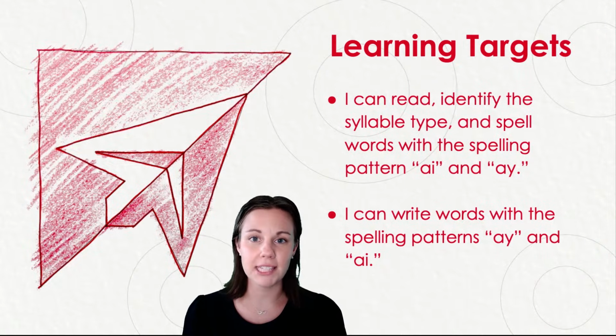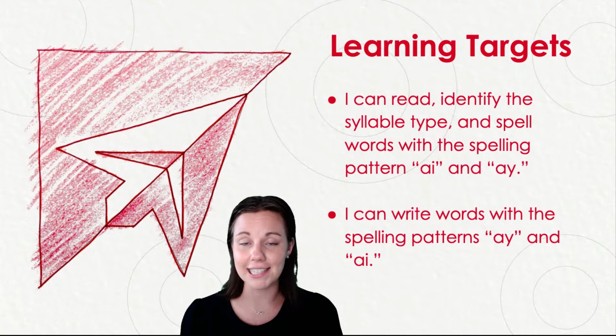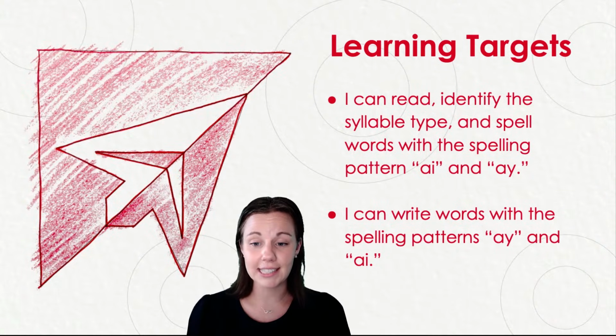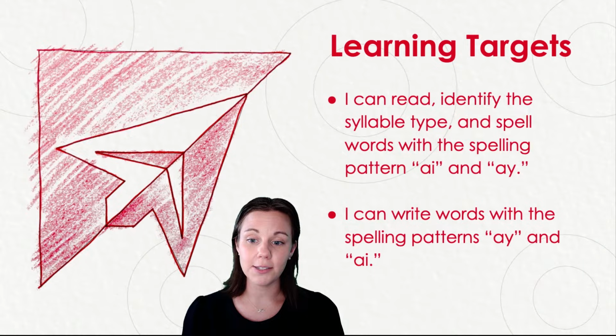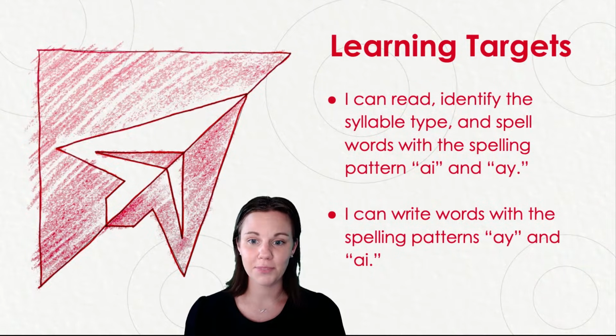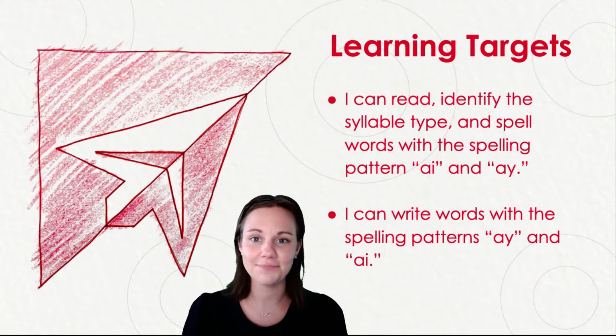But today we'll transfer that knowledge of the long A patterns to help us spell words using AI and AY. The second learning target states, I can write words with the spelling patterns AY and AI. We'll dig into words today so that we know when to use which of those patterns. I hope you're ready to work hard.